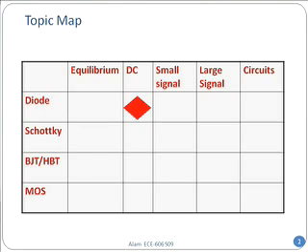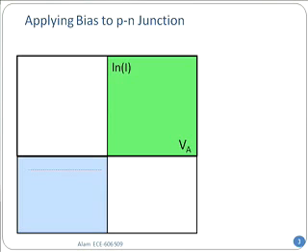Although it's a very simple device, you'll find that very complex and yet very beautiful physics hides in this very simple device. So we'll see. Now one thing people immediately notice once they apply a bias across a p-n junction is that obviously current flows in this system, and the current flows in one direction.